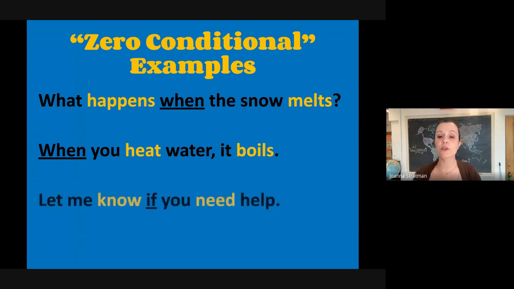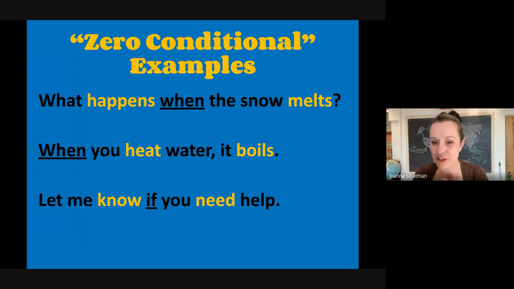Let's look at using the zero conditional for directions. So I am a teacher, and so I want to know if something is confusing to you. So I can say, let me know if you need help. For me, if you need help, you should always ask me.